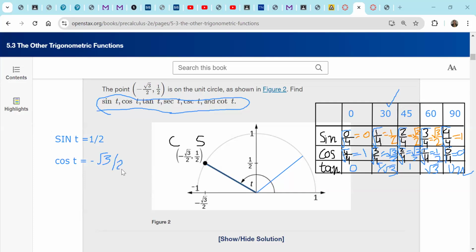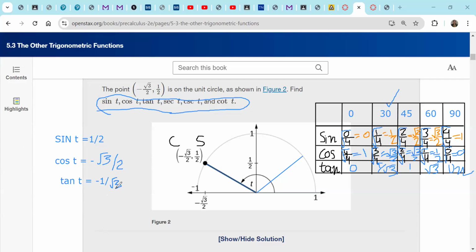Now, if we know the sine and cosine, we can tell the tangent. The tangent value is 1 over square root 3, but it's going to be negative as the cosine is negative, because this point is in the second quadrant. So tangent t is equal to sine over cosine, and you can write negative 1 divided by square root of 3.